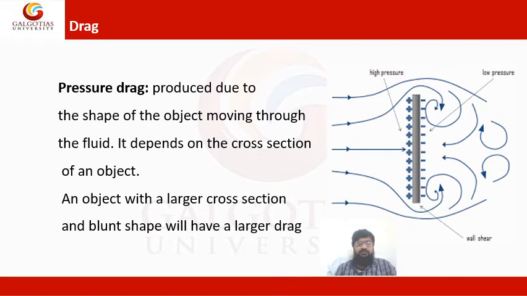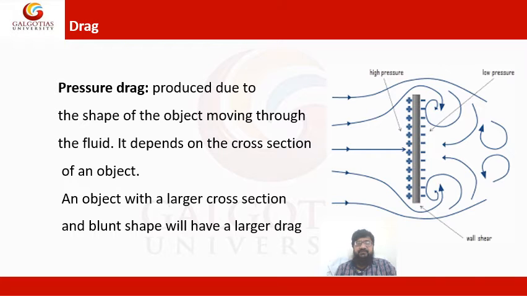Pressure drag is produced due to the shape of the object moving through the fluid. It depends on the cross section of an object. Whenever a fluid flows over an object, a high pressure zone at the front and a relatively low pressure zone at the rear end is created.